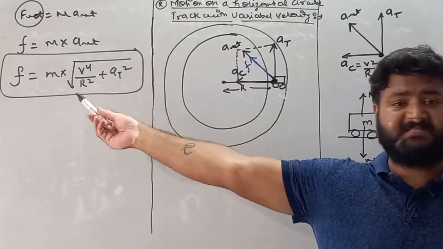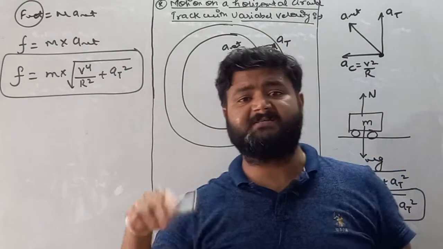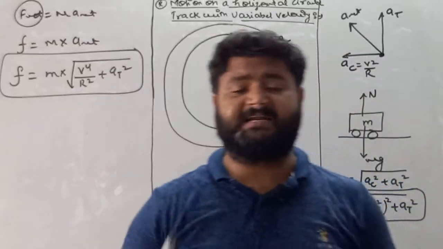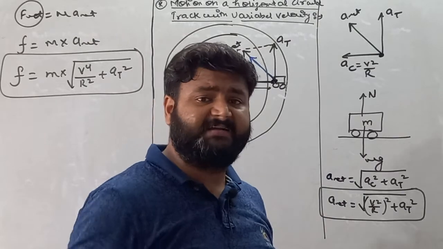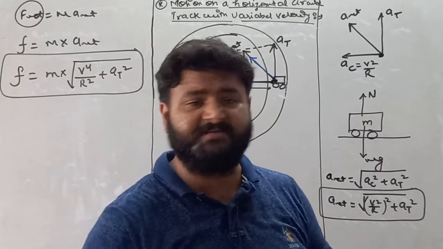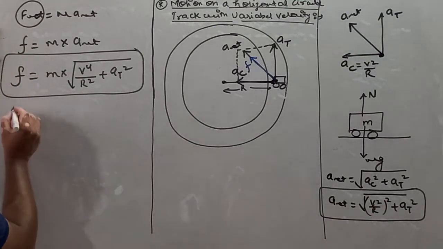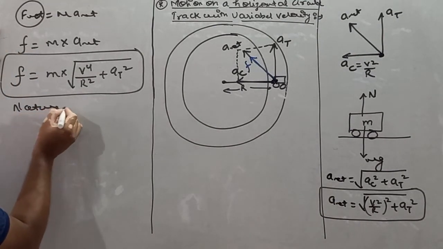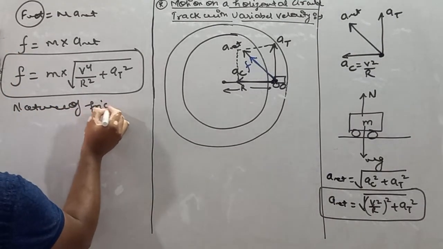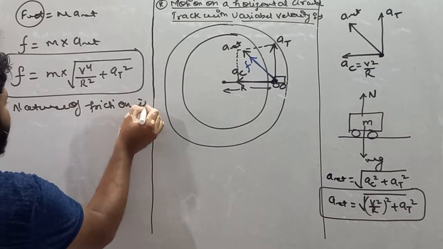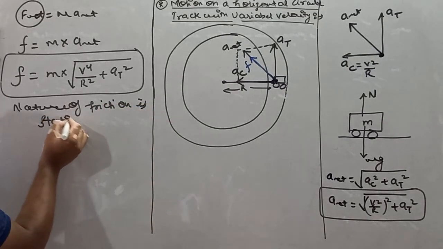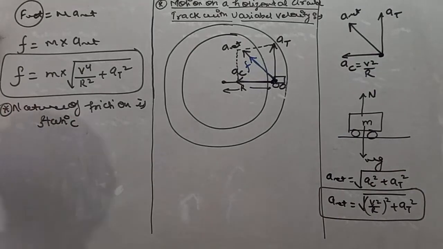So the force is force of friction which takes place when the vehicle is turning on horizontal circular track. These things were discussed in the previous class. So instead of force we can write friction, and remember, the nature of friction is, my dear student, static, because the vehicle is moving normal.